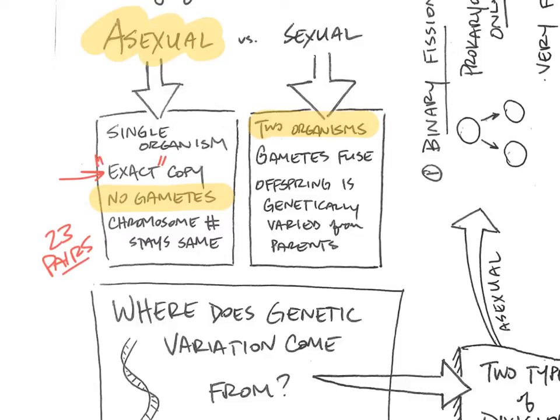So a human sex cell has 23 chromosomes, not pairs of chromosomes, just 23 chromosomes, so it's haploid. And those gametes fuse, so if I take 23 plus 23, now I've got 23 pairs, one from the male, one from the female. So these are genetically varied from the parents. They are different than those parent cells, which provides genetic variation.